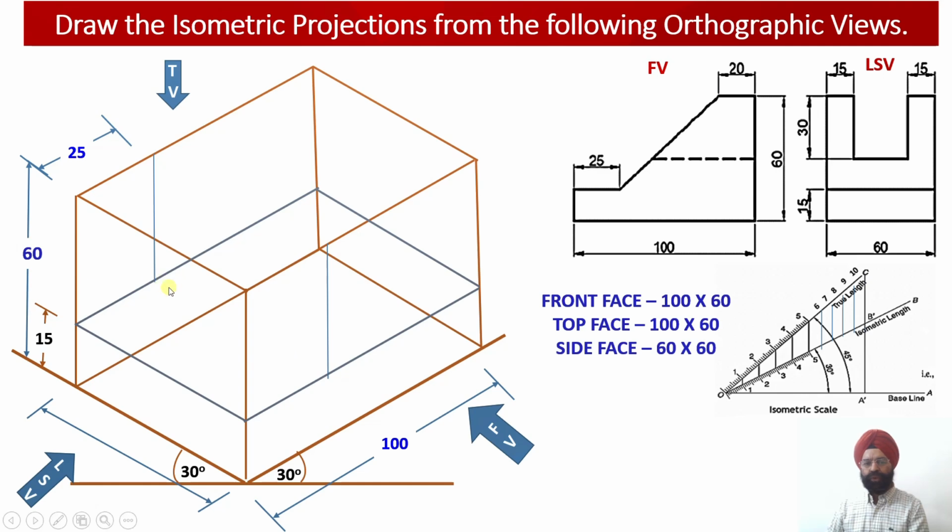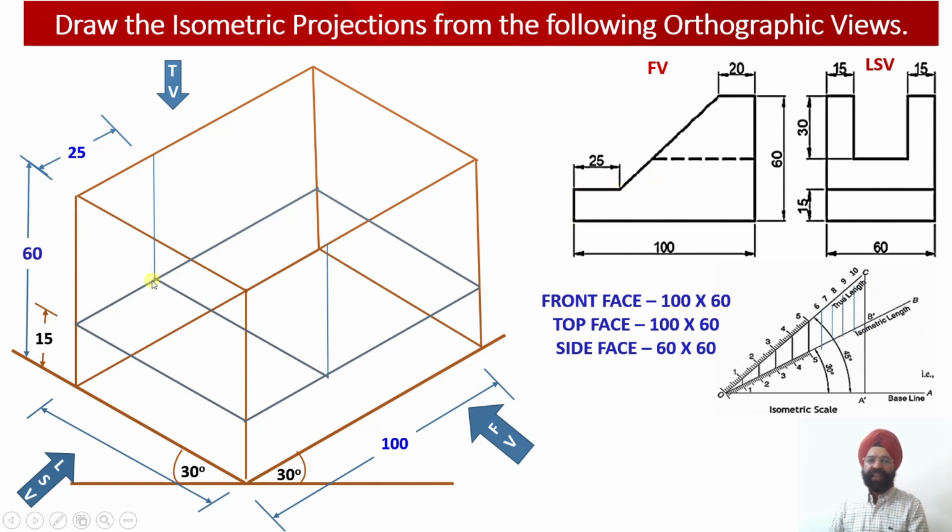And then we are going to join both of these, because ultimately this has to end onto the ground. So from here we have to move to the ground point. This ground point has been located on either side of the face. The distance where this will be meeting the ground is 25 millimeter from the front face. So this is our front face, 25 millimeter from the front face at the ground.